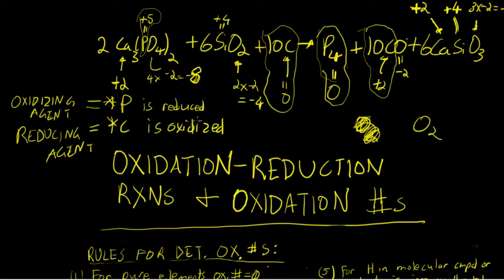It had to make something else lose the electrons, and that something else would be oxidized. So what's reduced is called the oxidizing agent. This one facilitates, so what's reduced facilitates oxidation. So in this case, phosphorus, it's reduced, but it facilitates oxidation.